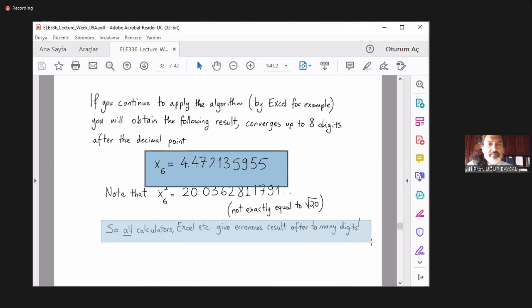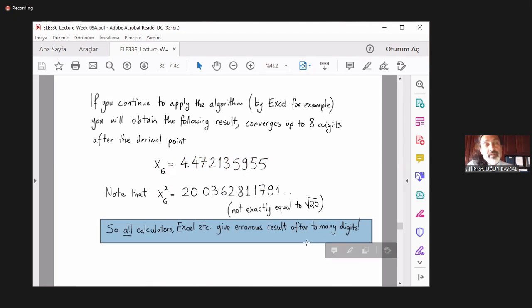Okay, so any calculator, your smartphone calculator or other calculator, etc., they are utilizing a similar formula to give the result to you in, let's say, 8 fractional digits or more, etc. Okay?